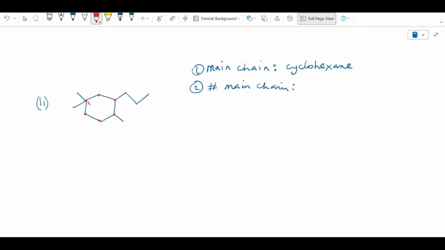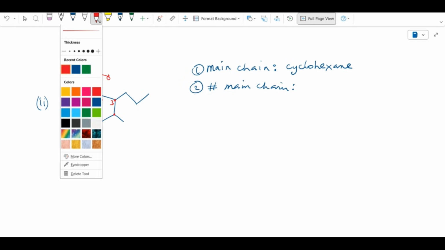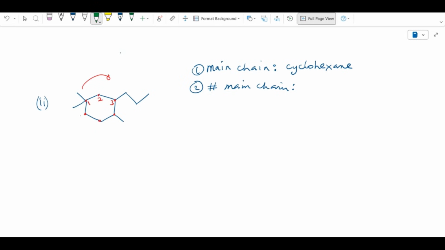We can number either clockwise or counterclockwise. If you number clockwise, the first substituent is going to be on carbon 3. If you number counterclockwise, the first substituent is going to be on 2, 3, 4, carbon 4.